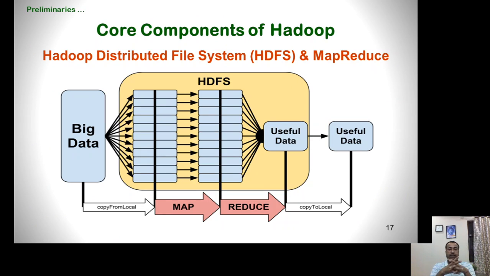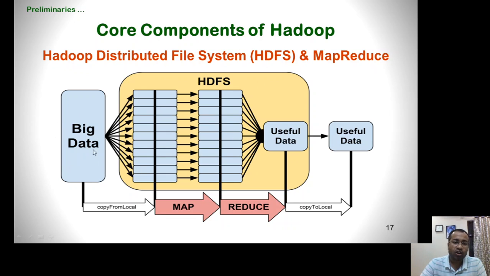So this is a general diagram that demonstrates how Hadoop works with its two core components, Hadoop Distributed File System and MapReduce. Initially, the big data that needs to be processed and analyzed using Hadoop is outside of the Hadoop Distributed File System.